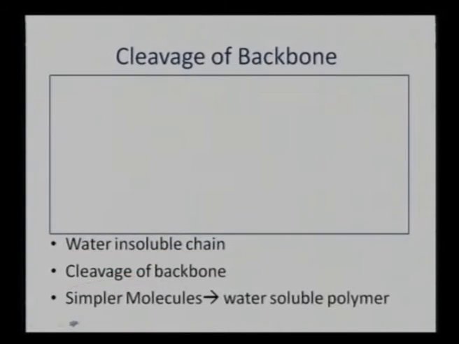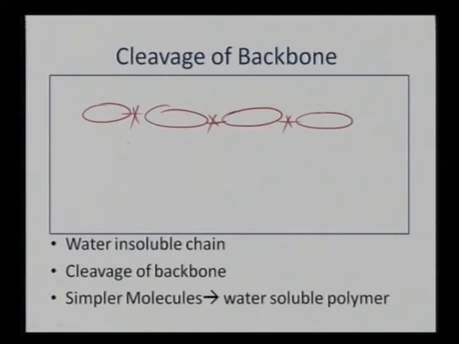But there can be a third mechanism as well, that there can be the cleavage of the backbone itself. So in one case, when the overall chain itself is water insoluble, the overall breaking of the backbone itself can also occur. The cleavage can occur along this particular bond between certain smaller polymer molecules.